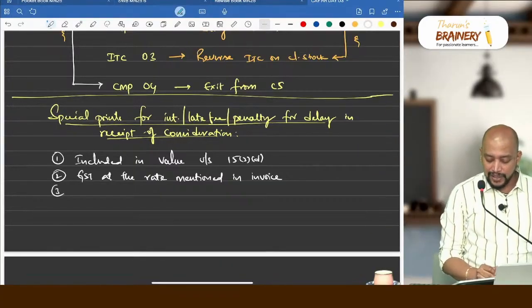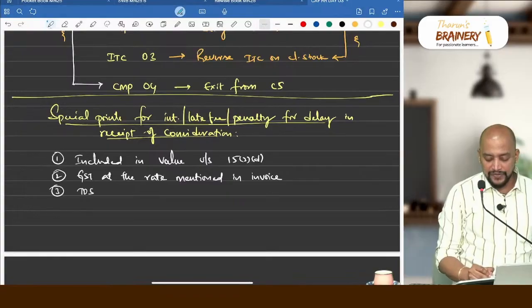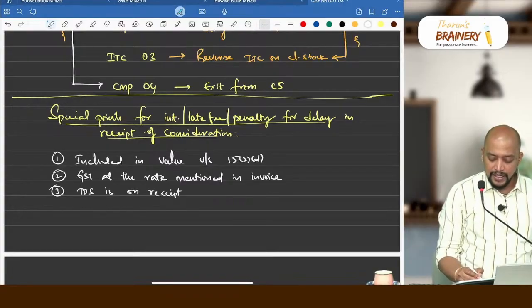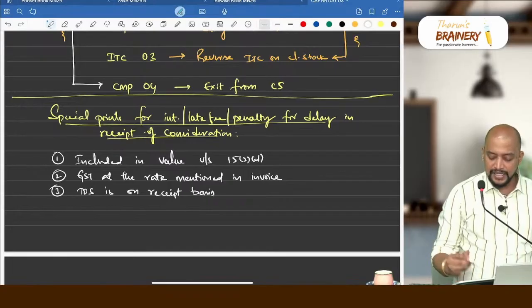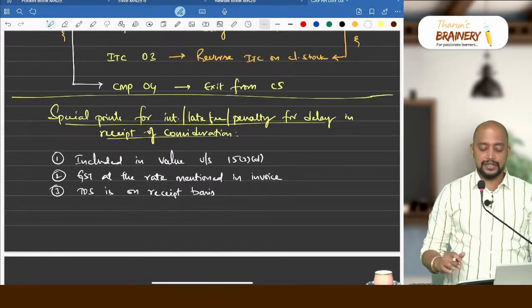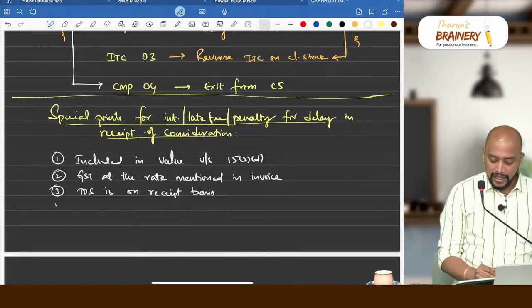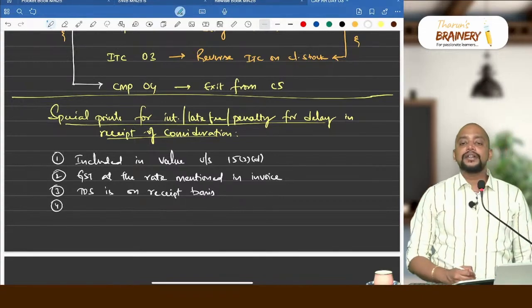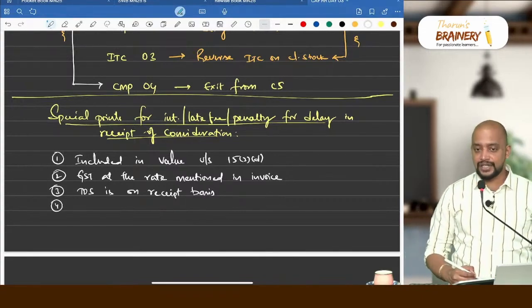Number 3, what is the time of supply? Time of supply is on receipt basis. Receipt basis means whenever we are receiving, we need to pay GST. Okay, so it is not on accrual basis, only on receipt basis. Number 4, and always it is assumed to be inclusive of GST.